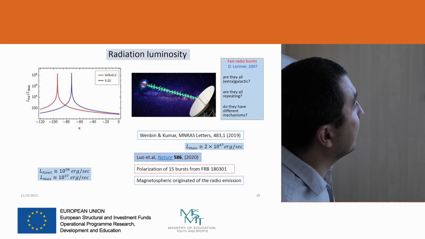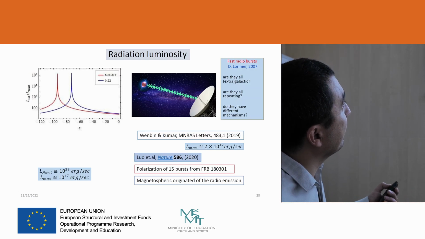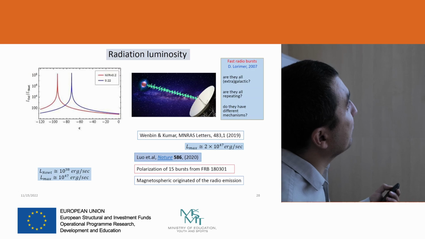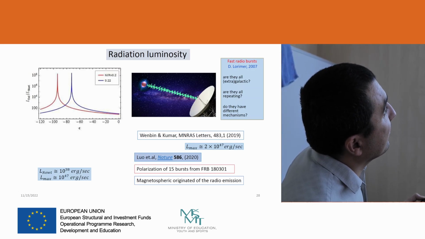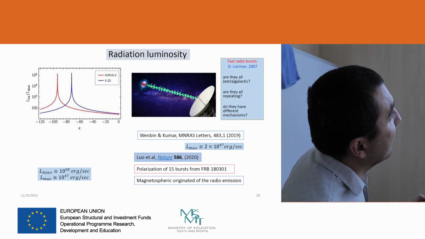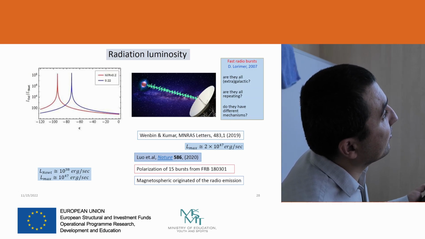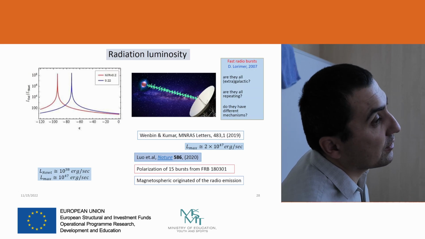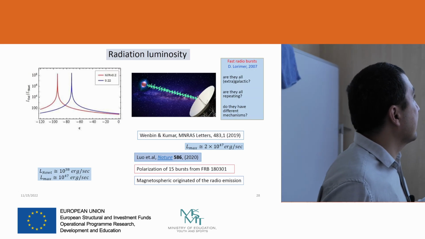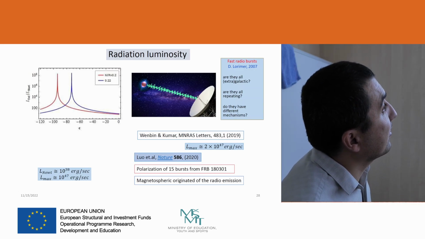And here we also suggested that if this epsilon is time dependent, we can also explain these FRBs using the energetic properties of the neutron stars.